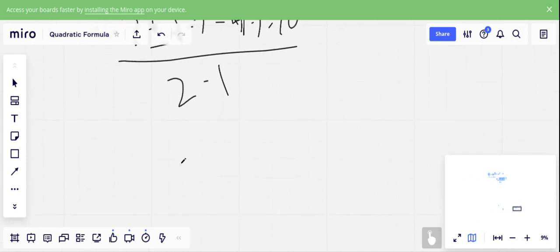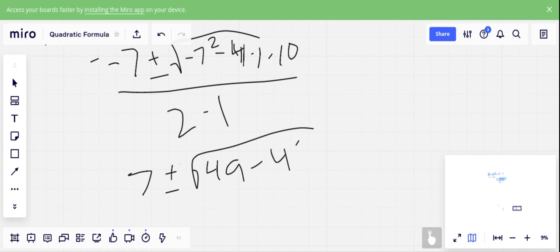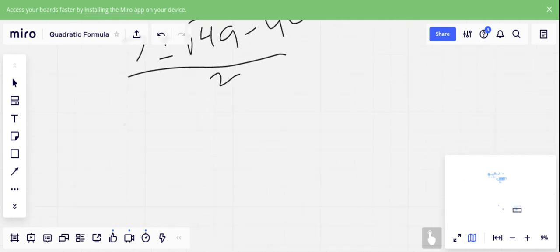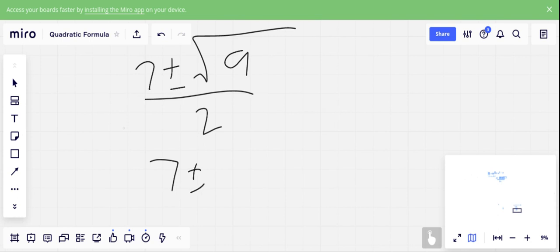Now let's simplify. Minus negative 7 becomes 7, plus or minus the square root of 7 squared, which is 49, minus 4 times 1 times 10, which is 40, so 49 minus 40, all over 2. 7 plus or minus the square root of 9 over 2. 7 plus or minus 3 over 2.